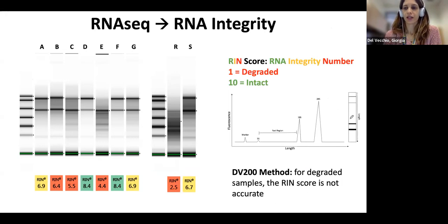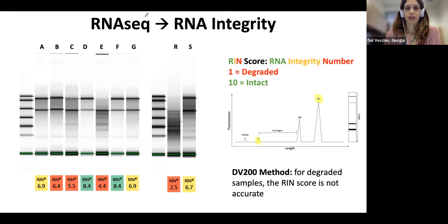Okay, so this graph here is showing the same as the gel. If you look at the peaks instead of the bands, you should see a big peak at the 28S position. So usually the area under the peak in the 28S should be bigger compared to the 18S. 18S is your second band and 5S is the small one here.